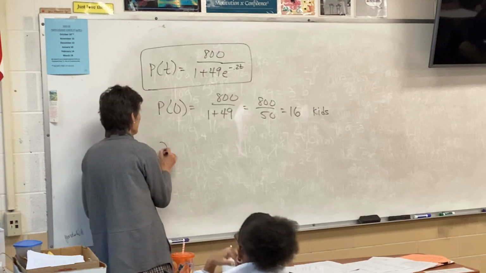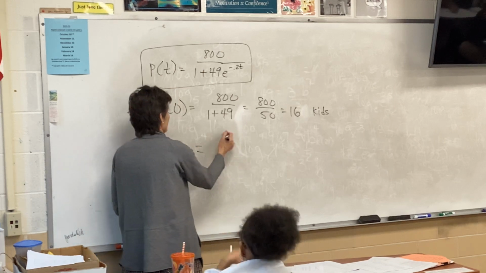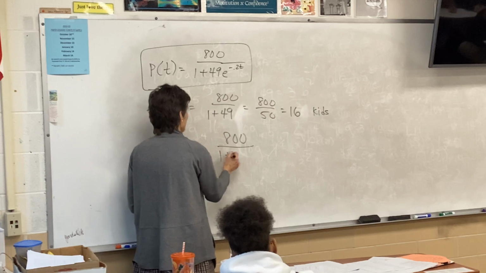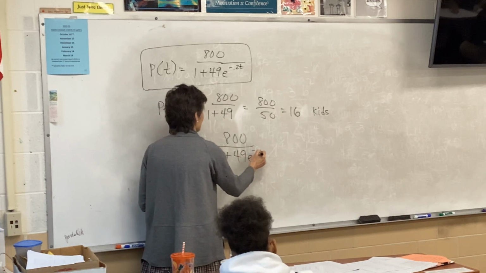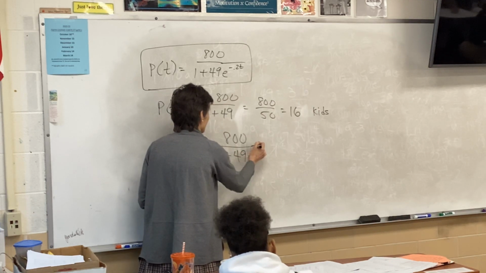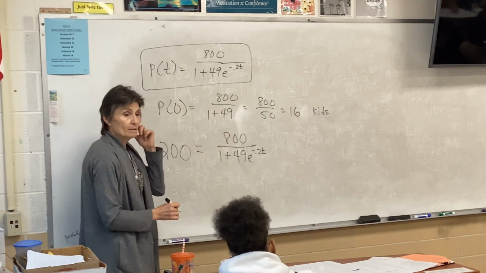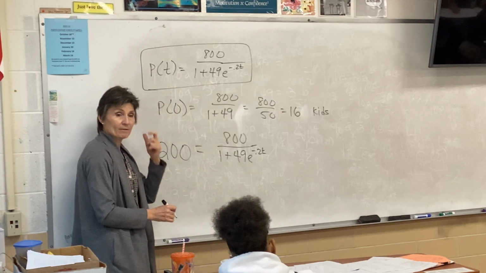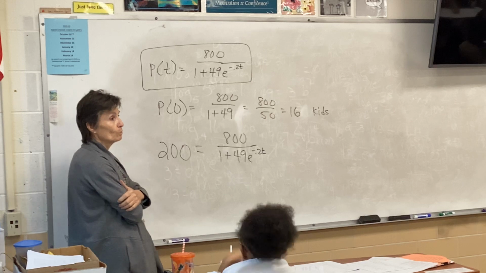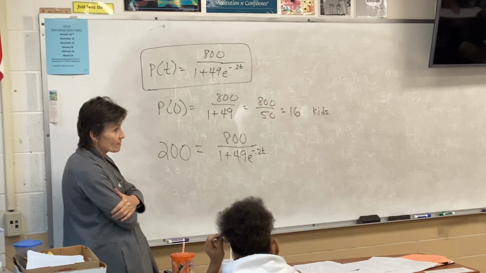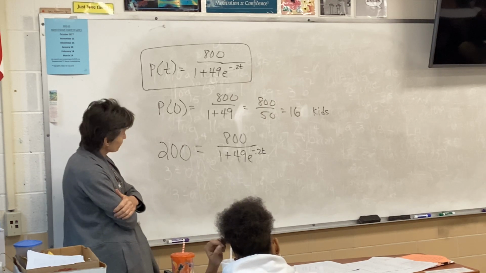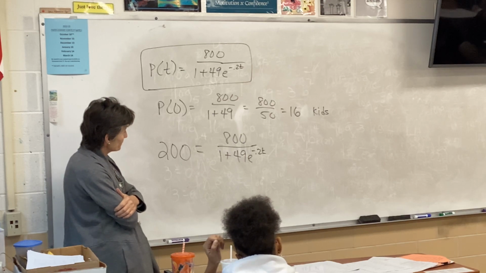So we're going to have 200 equals 800 over 1 plus 49 e to the negative 0.2t. Okay, this is big time math. How in the world do we solve this equation? What do you think?